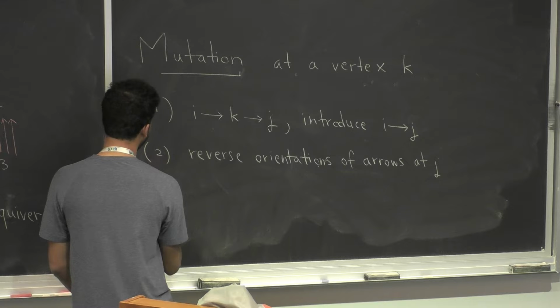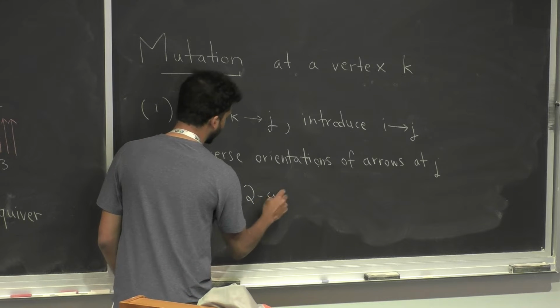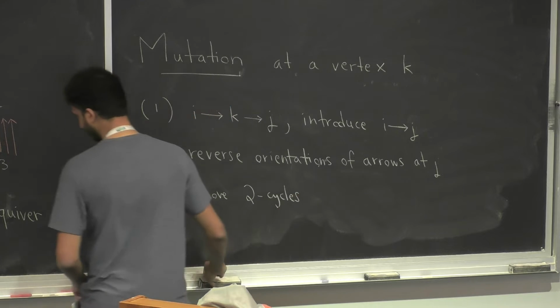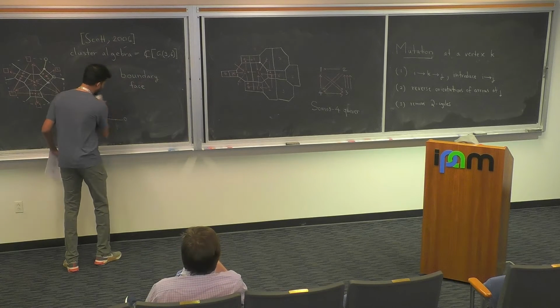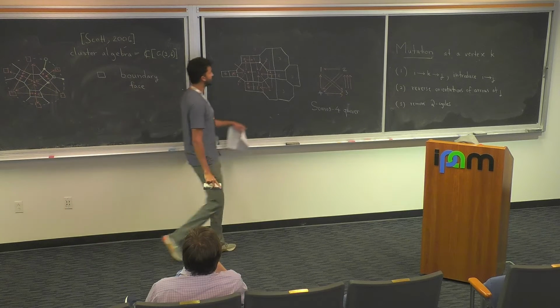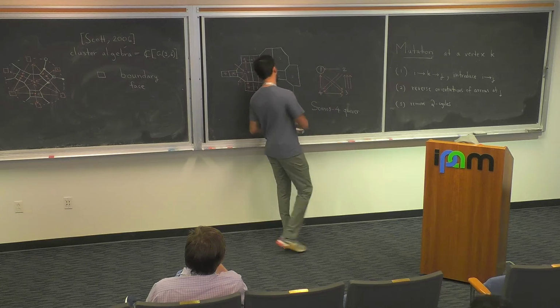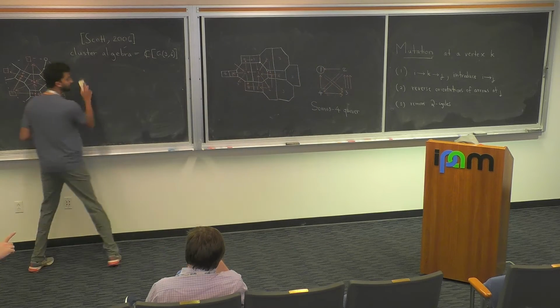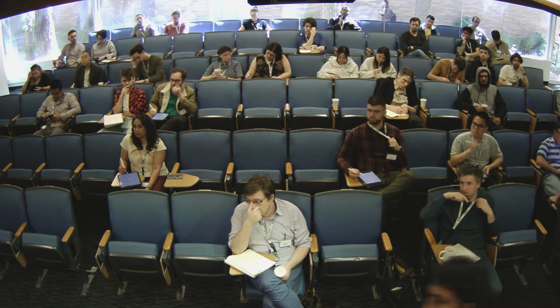And the third step is to remove 2 cycles. So let's apply that process to this quiver over here, where I want to mutate at this vertex over here.